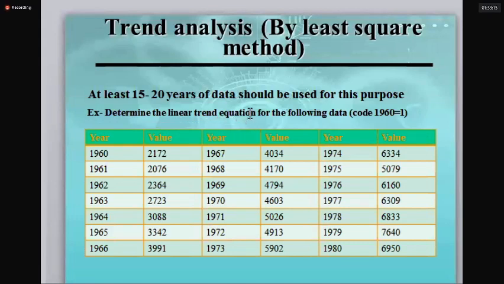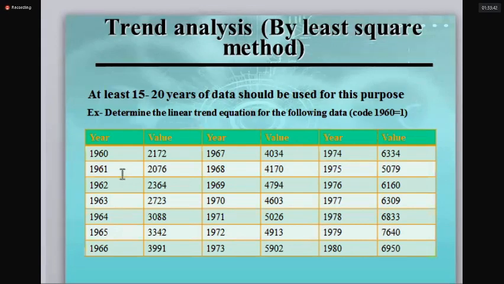Okay. So when we determine the linear trend equation, we can use exactly the same approach that we used in regression analysis. We can find B1 and B naught for this data, and we can estimate the equation, because it says determine the linear trend equation.